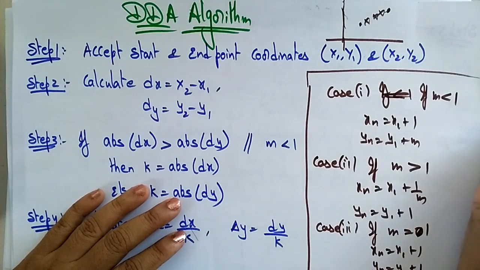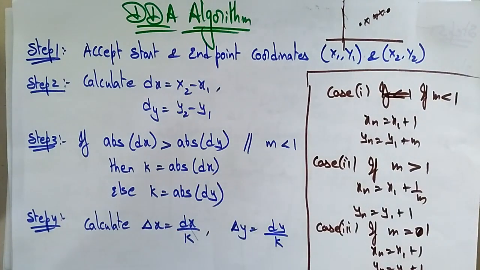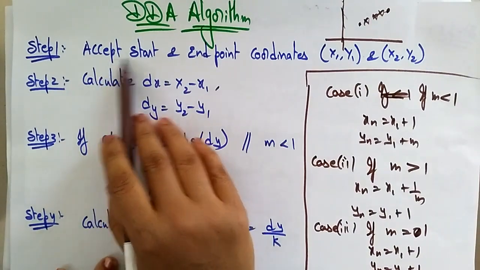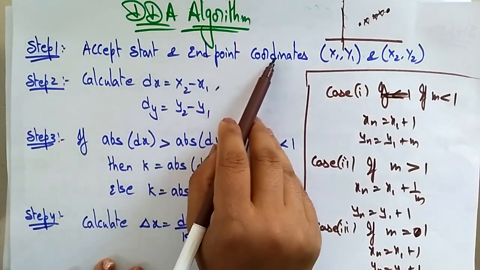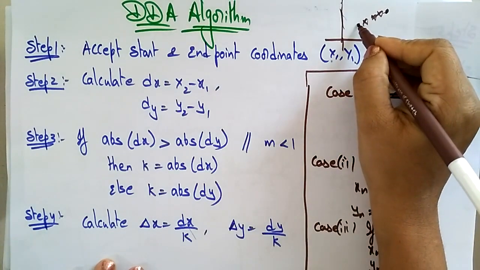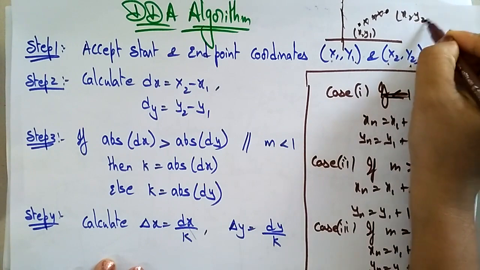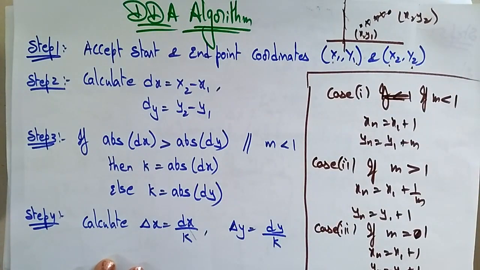So how are you going to find these intermediate points? By using this DDA algorithm. First, accept the start and end point coordinates, that is x1 y1 and x2 y2.